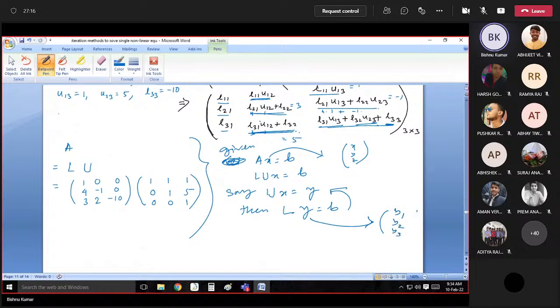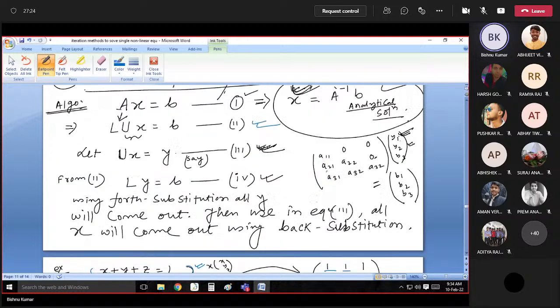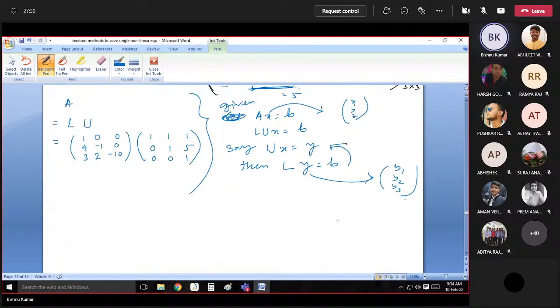That is basically Y. How many dimensions the given system has, that dimension will be the same for Y. Actually, this is the vector representation. All expressions 1, 2, 3, and 4. So calculate all Y from this last equation. That is your fourth equation. Substitute in 3. You will get all X, and that is the solution.